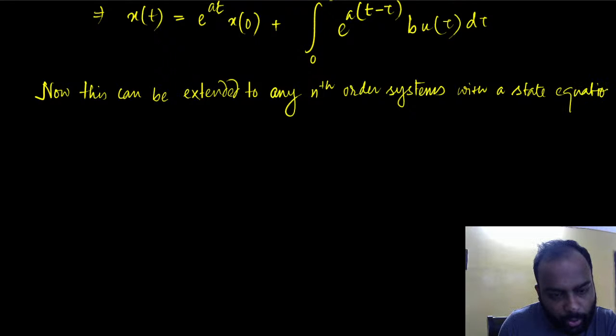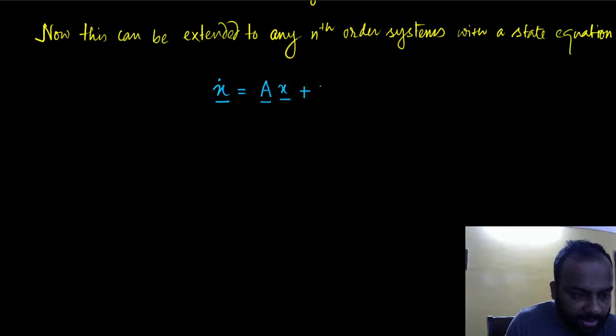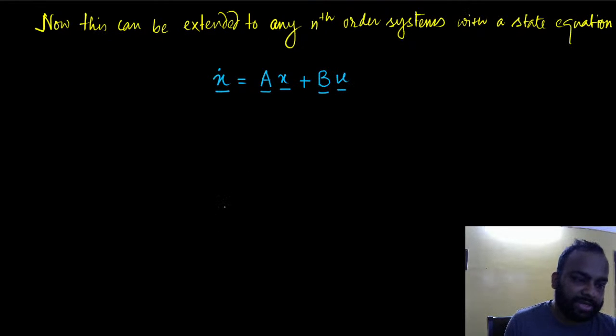I'm not writing state equations. Okay, state equation, that's the singular. So we know that the state equation would be x dot is equal to Ax plus Bu. Now things are matrices and vectors, right? So u is the input vector, x is the state vector, and x dot is the derivative of the state vector.